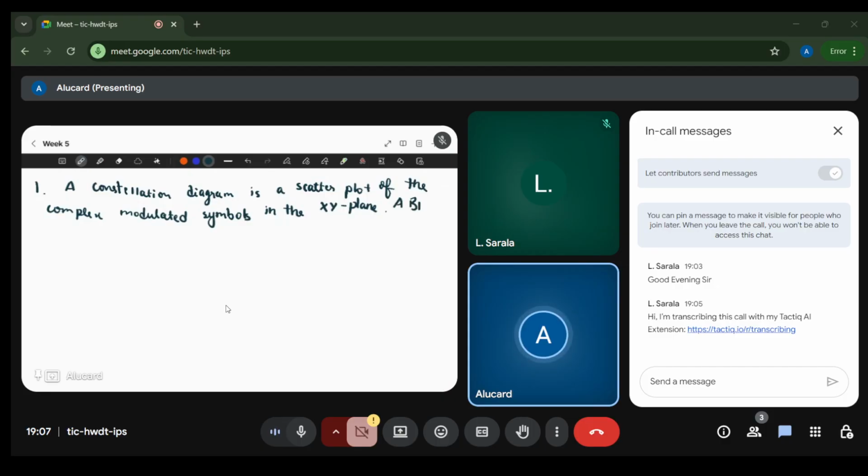A binary phase shift key modulation transmits a symbol +1 or -1 in one symbol period.